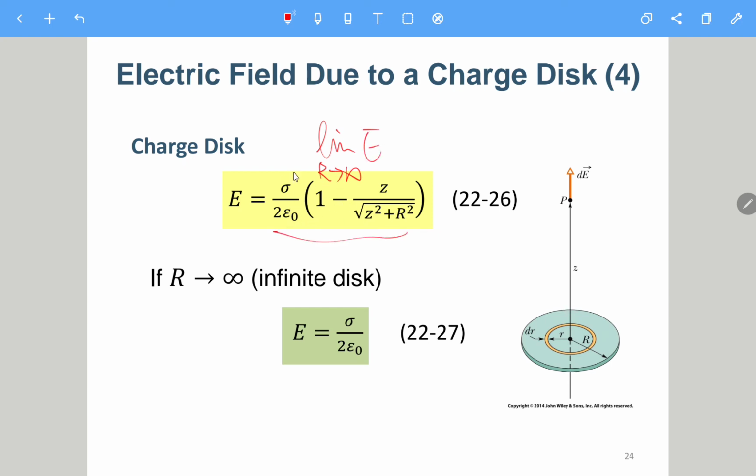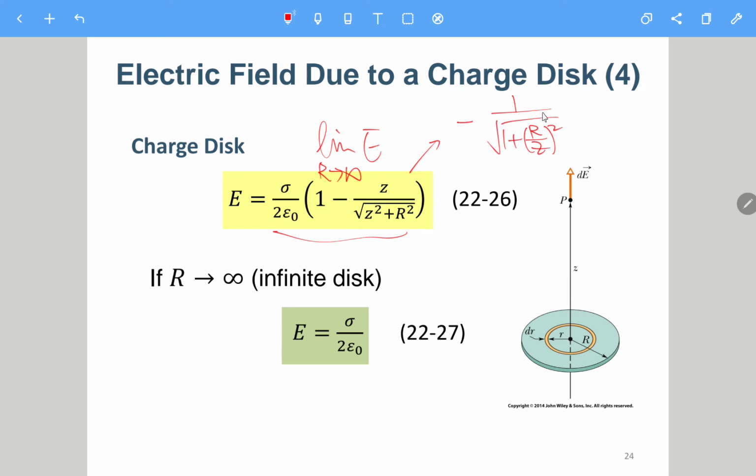So the first term is constant, so nothing special. For this one, which is like negative 1 over the square root of 1 plus (R over z) squared, R is infinity, so the denominator is infinity.